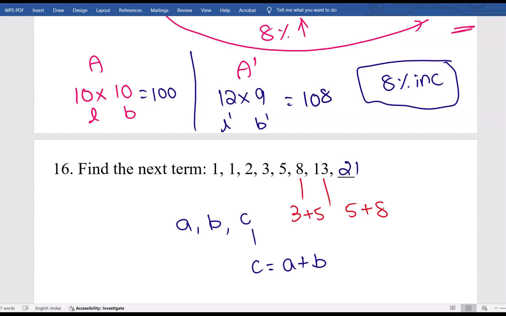The addition of the previous two numbers is equal to the present number. In C programming, they call this the Fibonacci series.